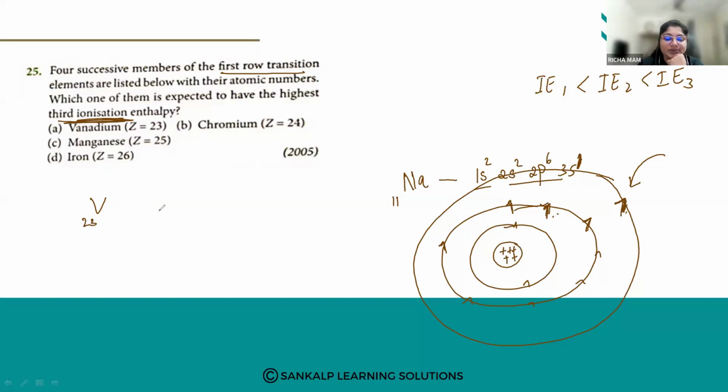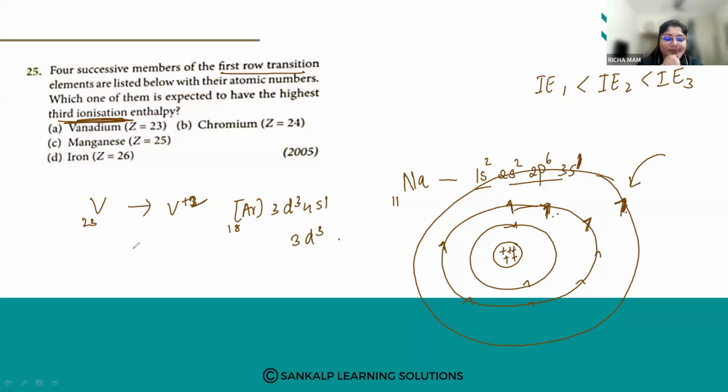So it should be vanadium plus 2 going to plus 3. Argon 18, 3d3, 4s2 for vanadium, and vanadium plus 2 will be 3d3.